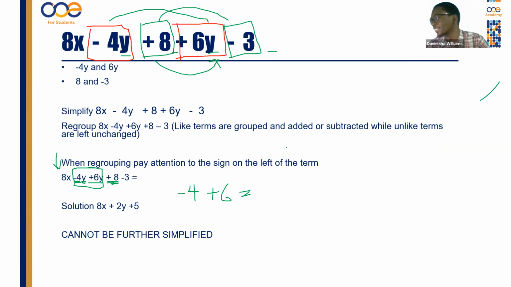And with this, you have to remember to add back the variable. Then you have 8 minus 3, which is 5. Once you reach this point, there are no more like terms, meaning it cannot be simplified anymore.